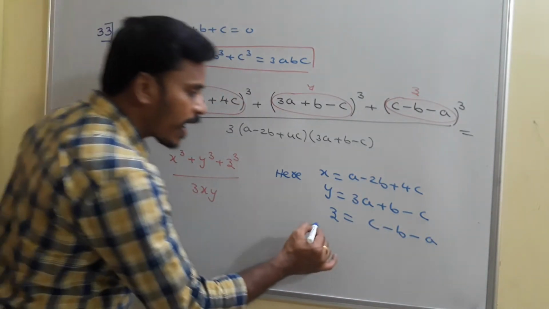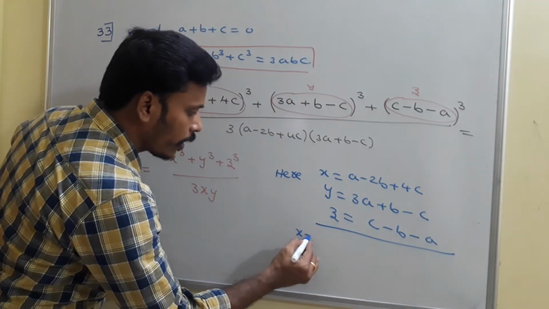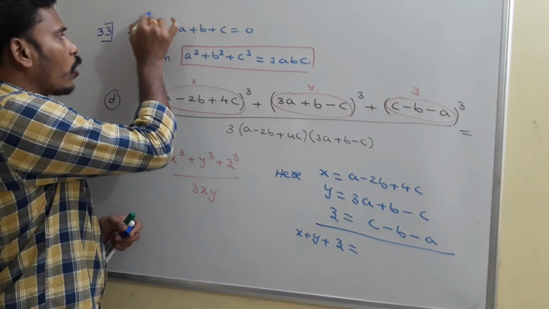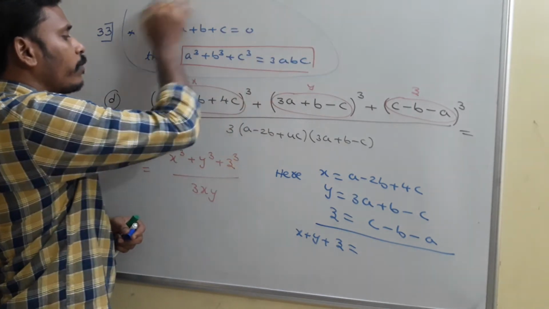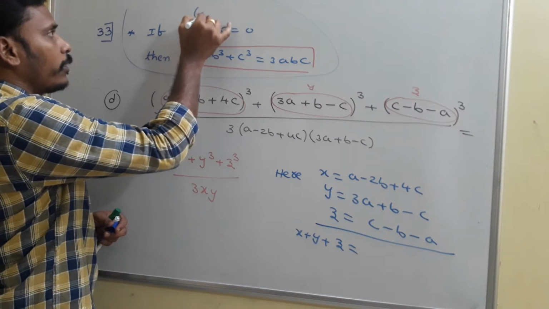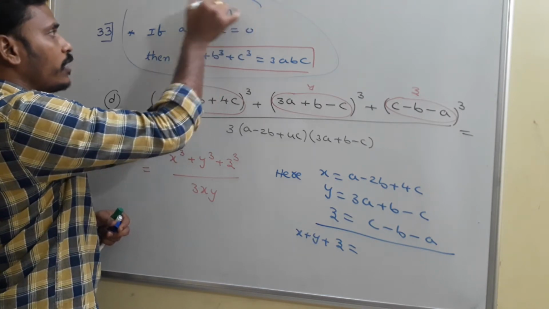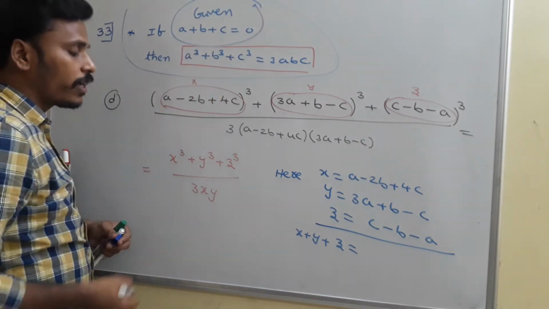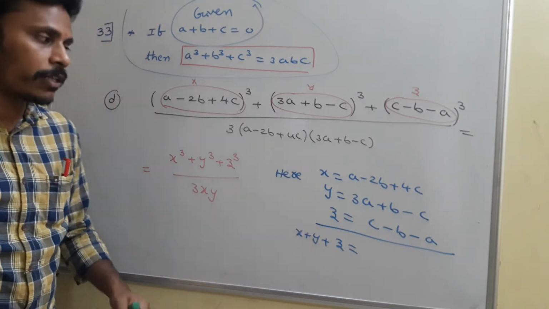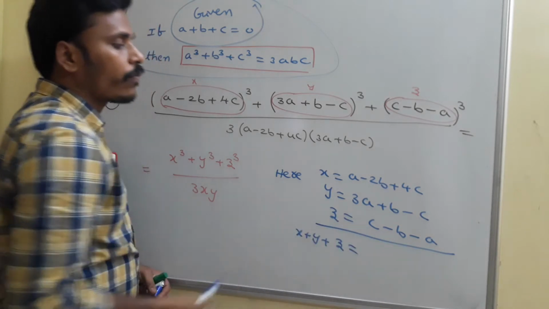Now you just add these three, x plus y plus z. See, we know the rule in terms of a, b, c. This is clear. And if a plus b plus c is 0 is given. This is the given thing actually. A plus b plus c is 0 is given for these problems. If it is given, then we go for like that. If you add that x, y and z, what will happen?